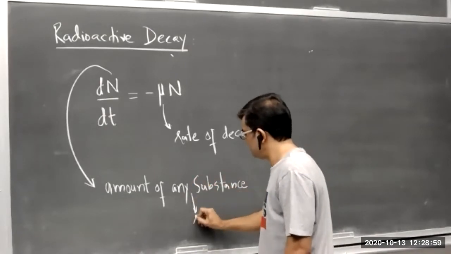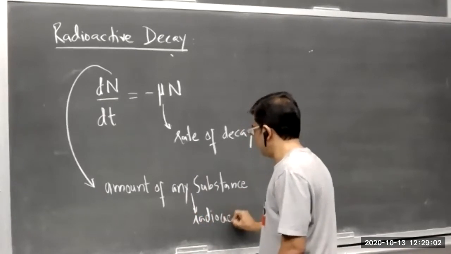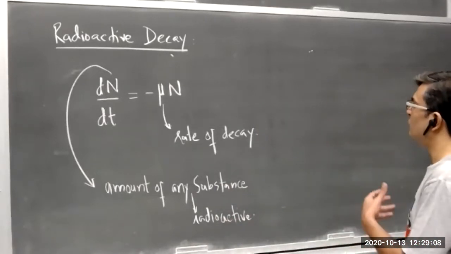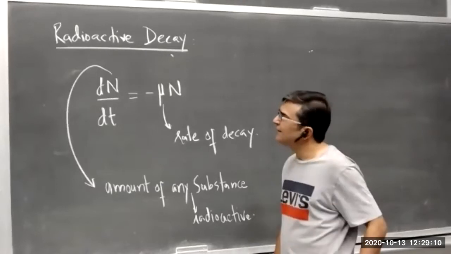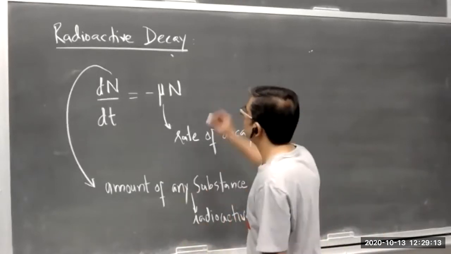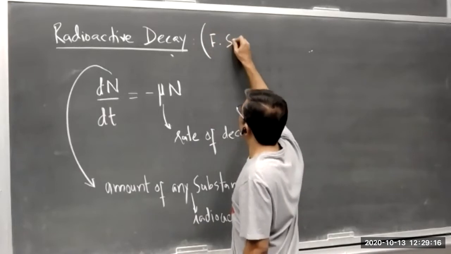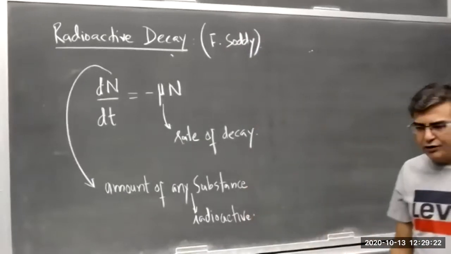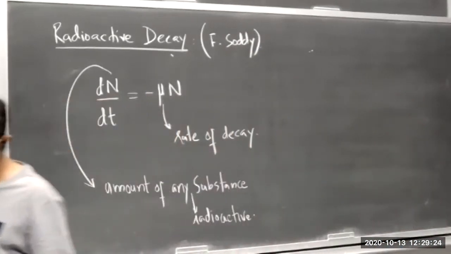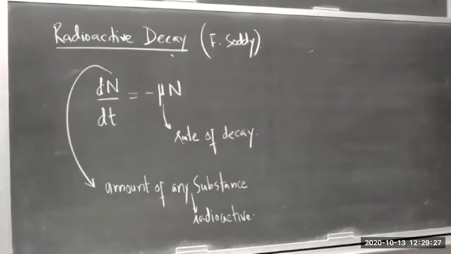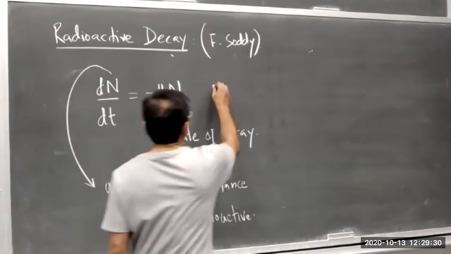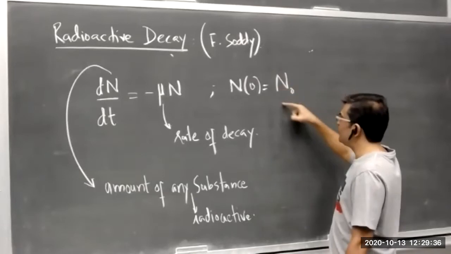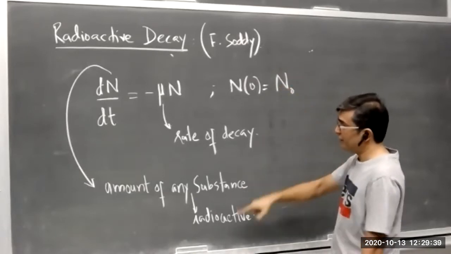These kinds of models were discussed by Frederick Soddy at the start of the 20th century. So we are going to model radioactive decay of certain materials using these models, where N of 0 is the initial amount of the radioactive substance.